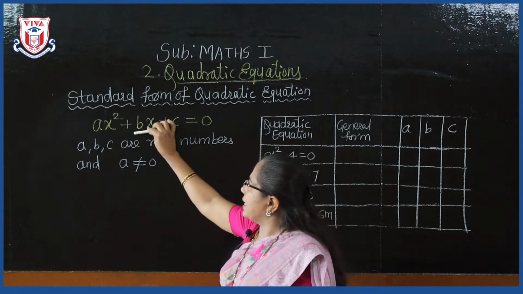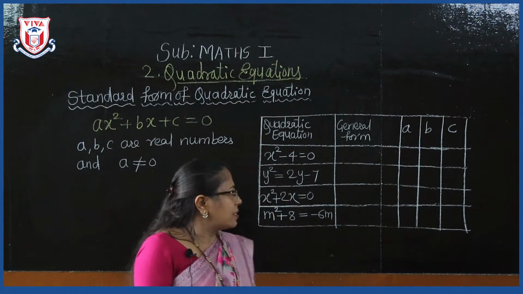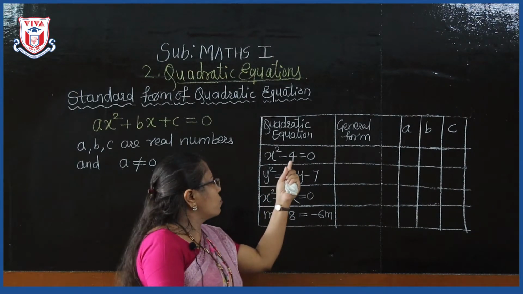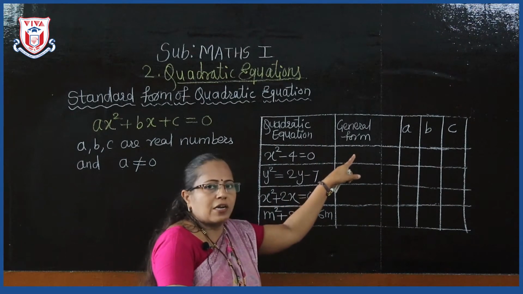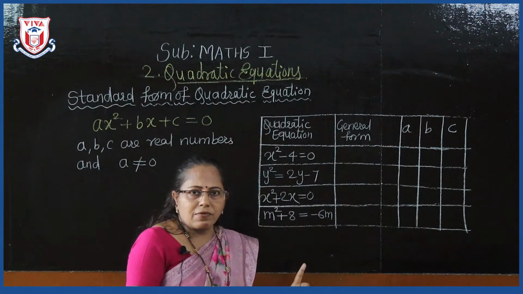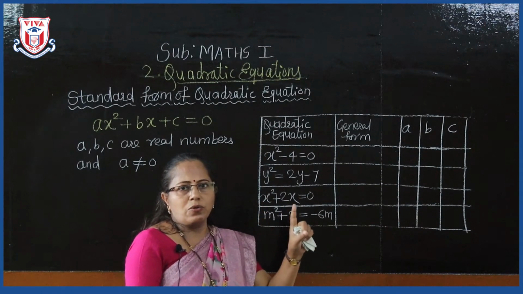Students, I wrote here some quadratic equations. We will see how to convert these equations into general form. And general form is ax square plus bx plus c equal to 0.